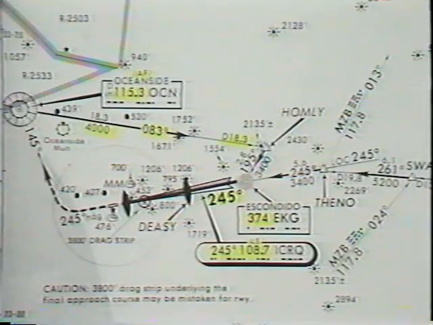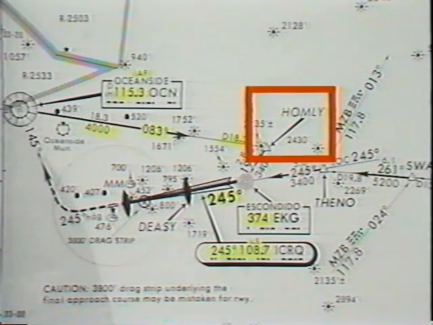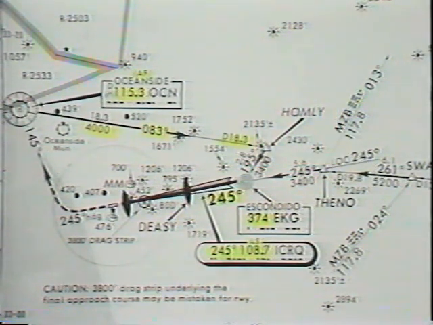So in this case, to avoid that high close-in turn, which raises the pucker factor to the nth degree, you can ask for the published approach with the transition. In this case, the Homily transition. Or if you're coming in from some other direction or on an approach that doesn't have a transition, you can ask to be turned on at a point that both you and the controller recognize, such as the Escondido beacon or the Theno intersection, something like this.